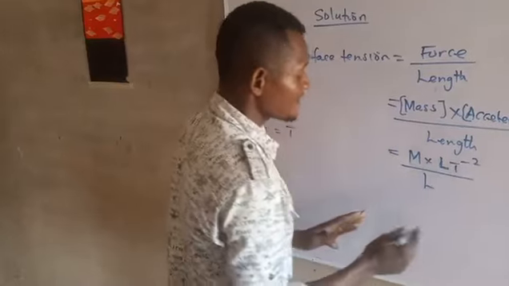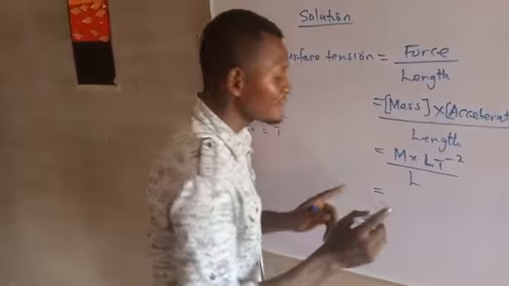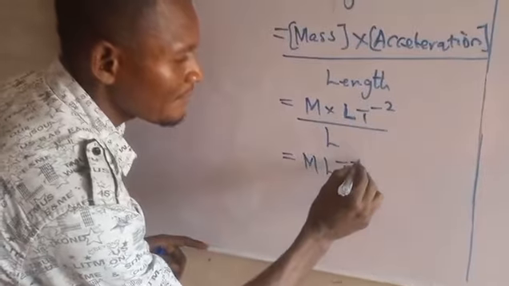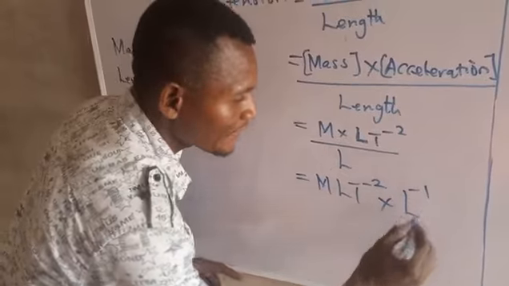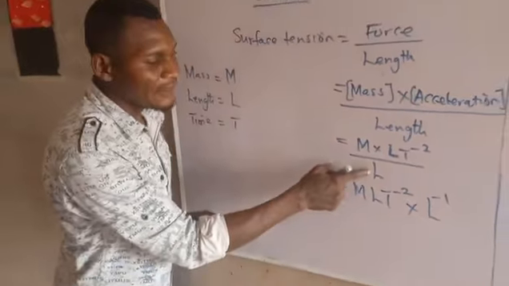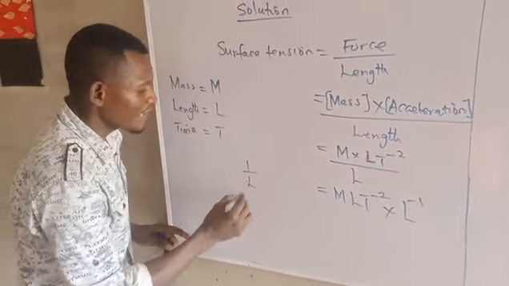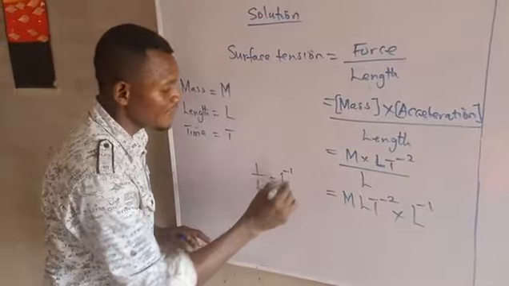So this is the expression. Now we have to write this in a linear form. Writing in linear form, we have M L T raised to power minus 2 times L raised to power minus 1. Understand that 1 over L is the same thing as L raised to power minus 1.